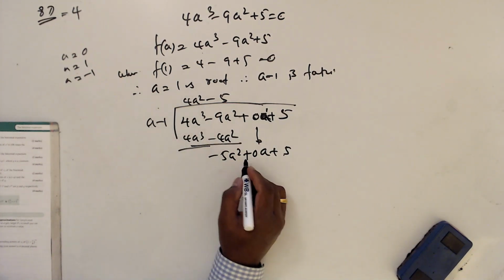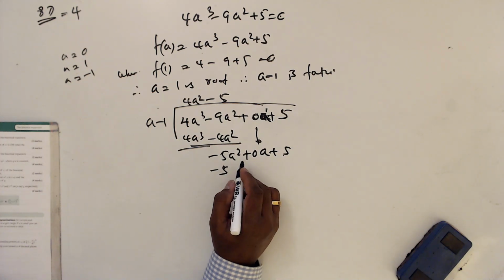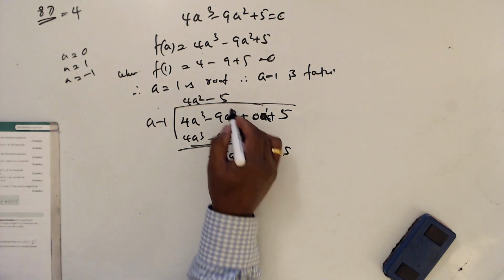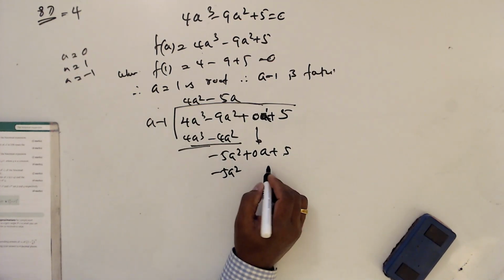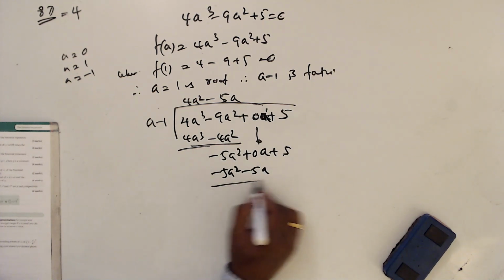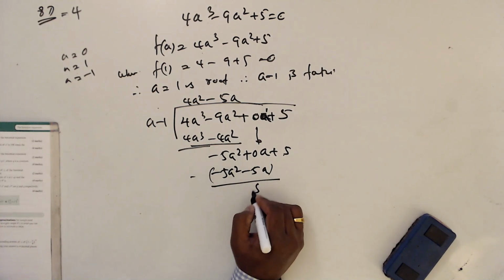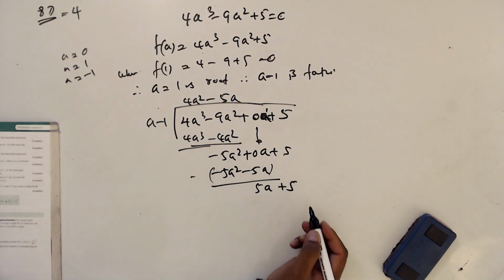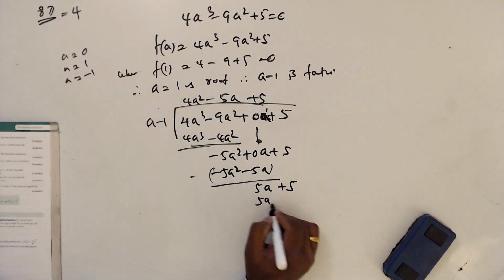I'll bring the plus 5 as well. 5 times a minus 5a. So they're going to be minus 5a square minus 5a. So this cancels out when you subtract this one. This is 5a plus 5. Then this is going to be plus 5a.